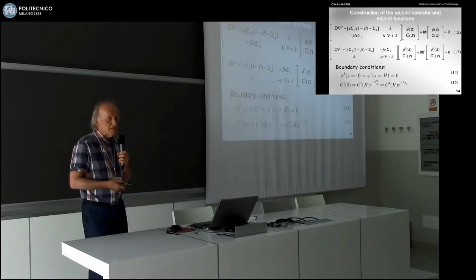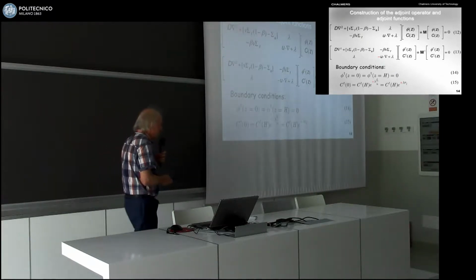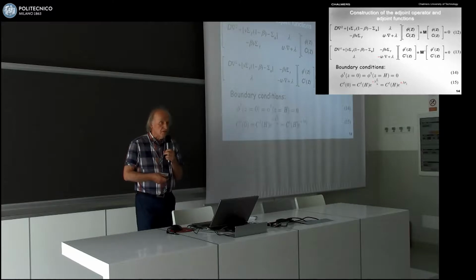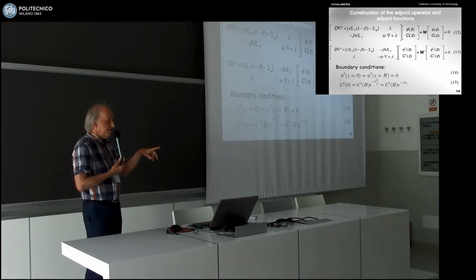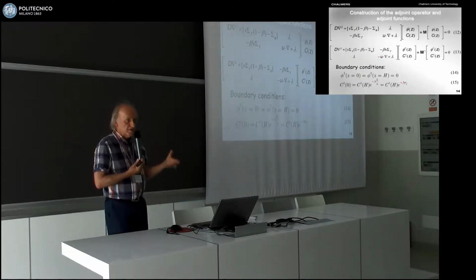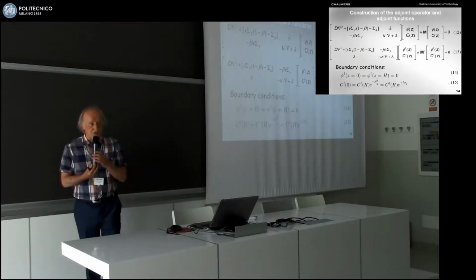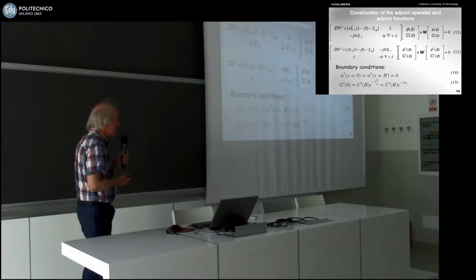And of course, this is consistent with the concept of the importance. A neutron at the boundary of a reactor with the velocity outwards will not contribute to any of the neutron flux because it's leaving. Now that's the same here.